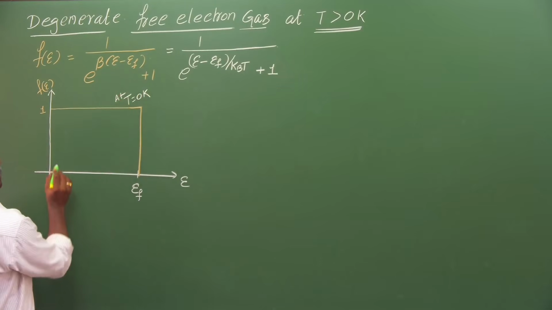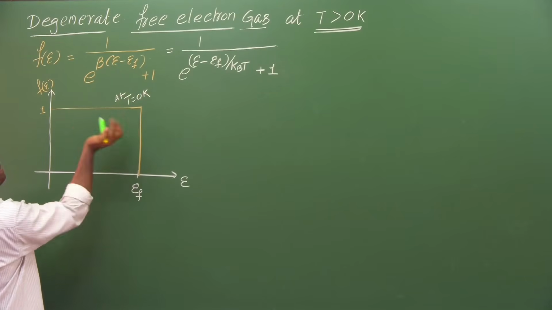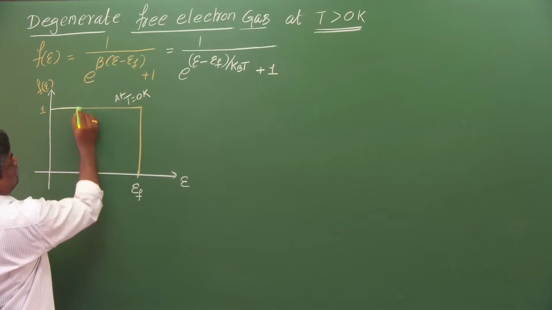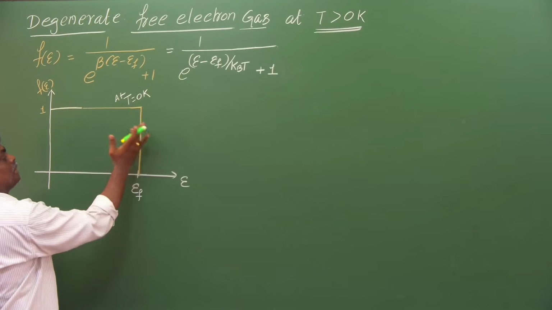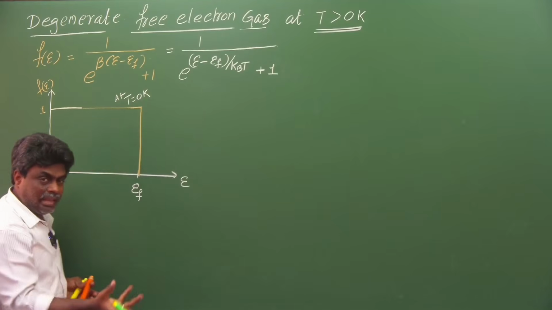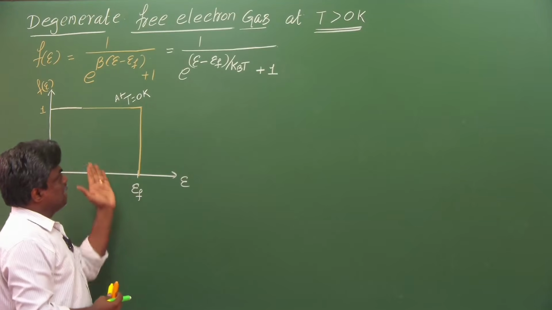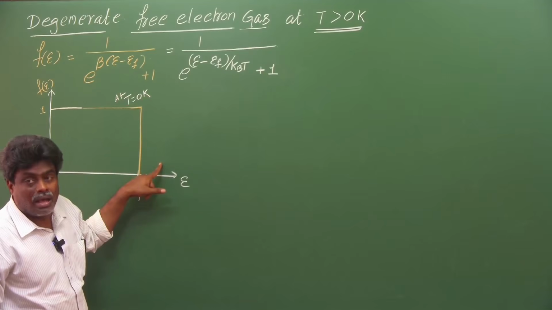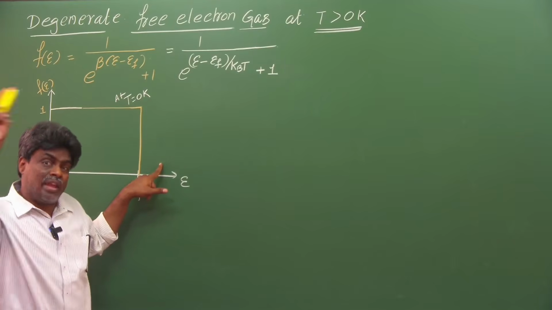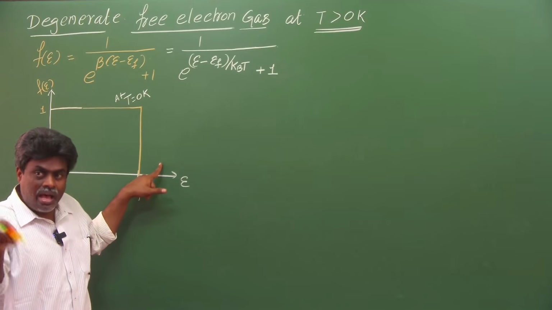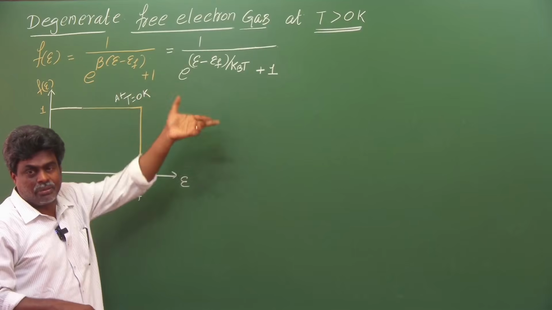After that I explained, if the temperature is increased, what will happen? Those electrons which are below the Fermi level gain thermal energy and get excited to the higher states, which are vacant at T equal to 0 Kelvin.